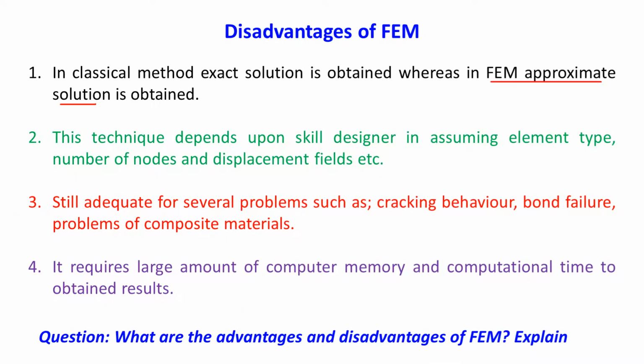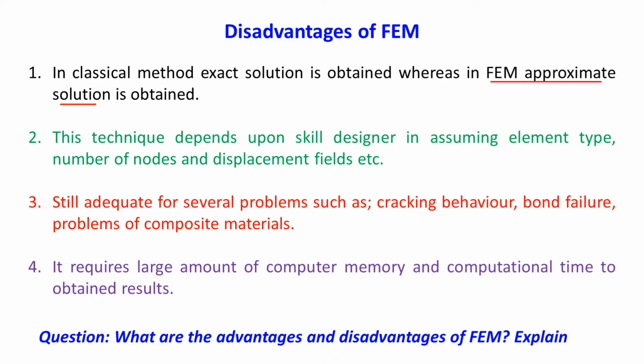And in disadvantages, the classical method gives the exact solution of the problem, whereas the finite element method gives an approximate solution because it is an approximate method of analysis. The second disadvantage is this technique requires a skilled engineer, because that engineer must know which type of element is suitable for discretization, what should be the shape, size, number of elements required, even the number of nodes and displacement field of the element.